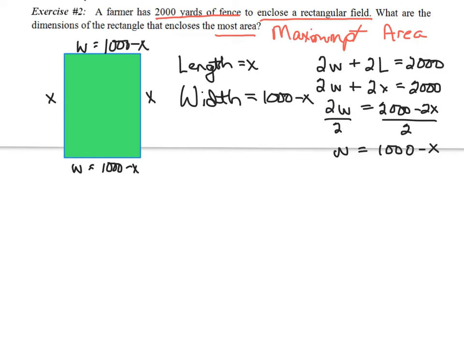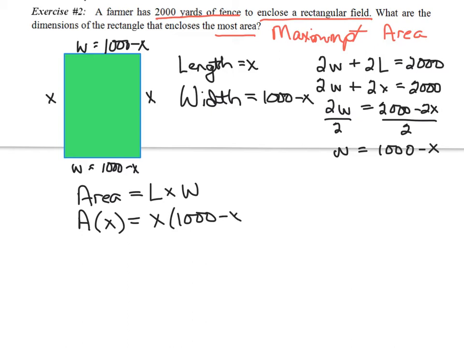Now what this question is really asking us about is the area. So let's recall that area for a rectangle is always equal to length times width. So I'm going to take my area and represent it in terms of the variable x by saying that the length is x and the width is 1,000 minus x.